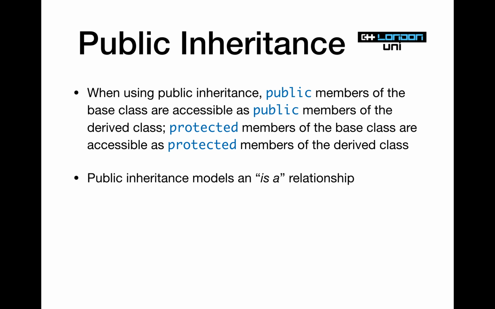So we say that public inheritance models an is-a relationship. In the example I was using earlier, BMW publicly inherits from car. So a BMW is a kind of car. And a car is a kind of motor vehicle, say.